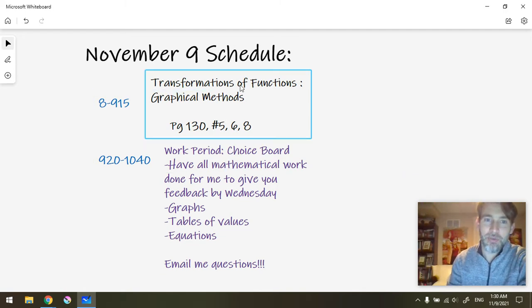So for today, everyone, your schedule, the first block, we're going to go over a quick lesson on transformations of functions. Yesterday, we looked at working a table of values and converting those points point by point to do a combination of transformations. Today, we'll work graphically and use that method to check our work.